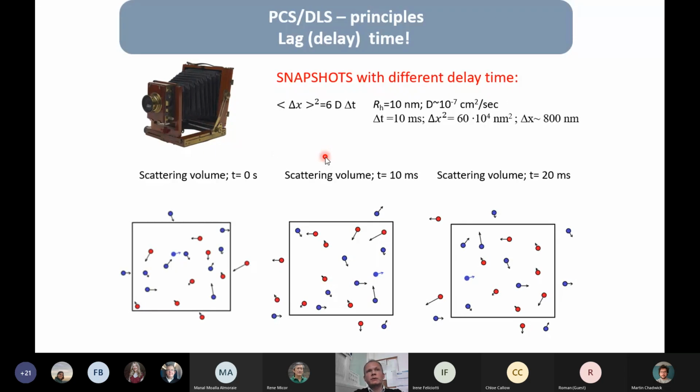Now we will try to make the same experiment, but with a much longer delay time, let's say 10 milliseconds, or speaking about students, let's say 10 hours. Can we predict the number of students, the number of proteins, from the previous snapshots?